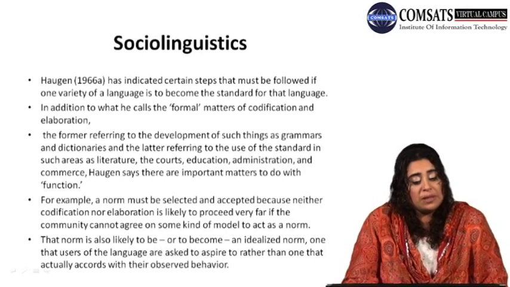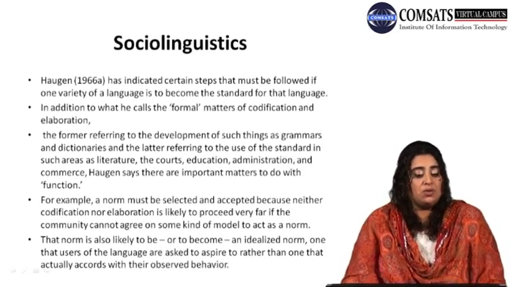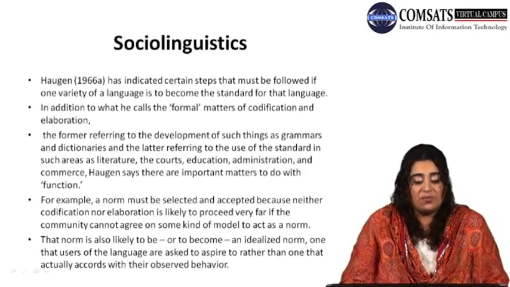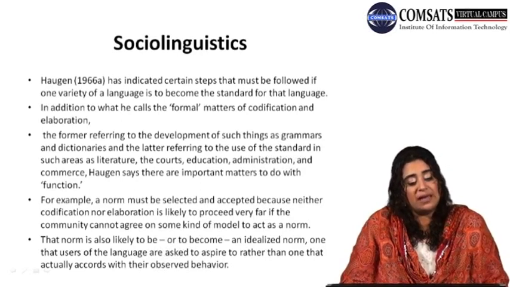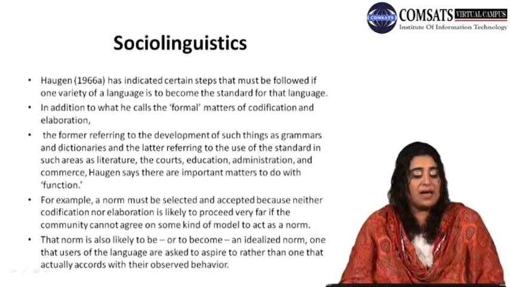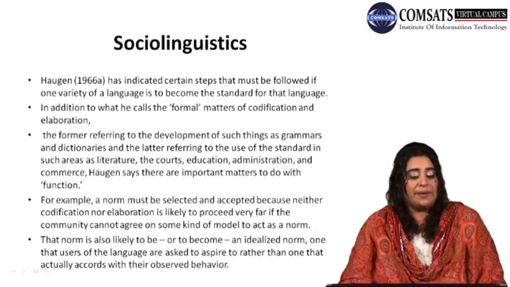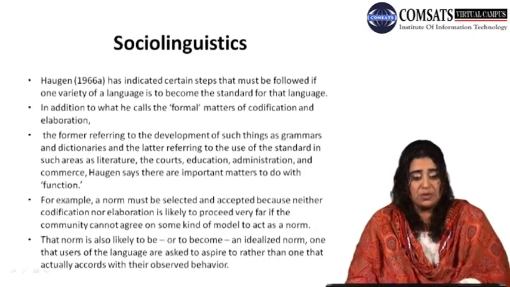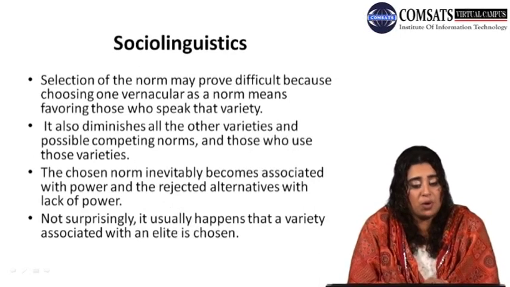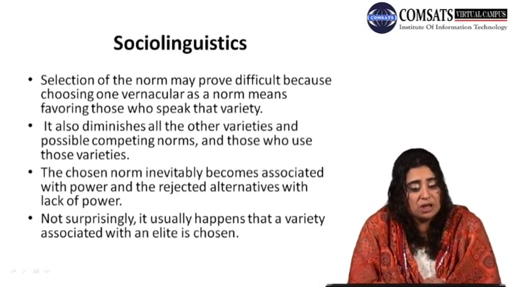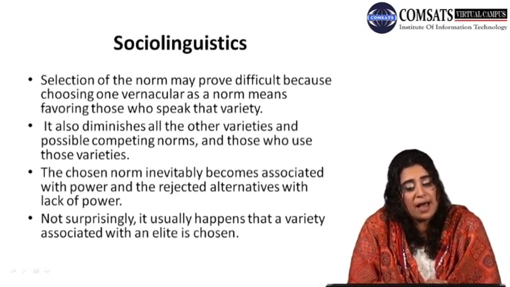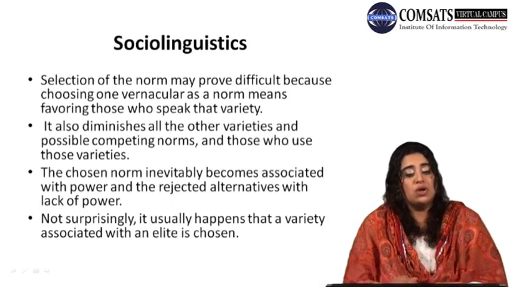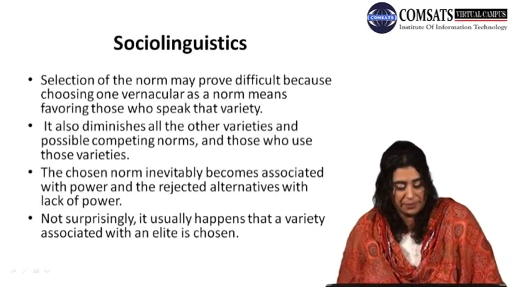Now, that norm is also likely to be or to become an idealized form, one that users of the language are asked to aspire to rather than one that actually accords with their observed behaviors. Selection of the norm may prove difficult, because choosing one vernacular as a norm means favoring those who speak that variety.